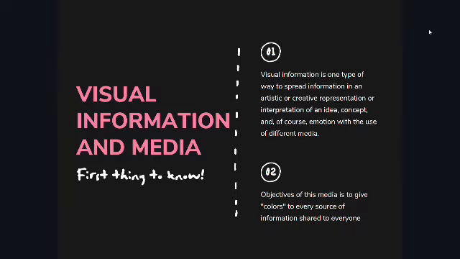It is an artistic or creative representation or interpretation of an idea, concept, and of course, emotion with the use of different media. Second, the objective of this media is to give color to every source of information shared with everyone.